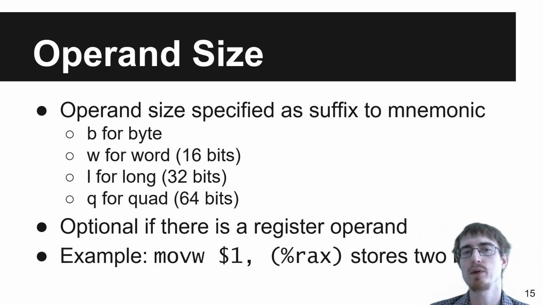So to give a simple example, MOVW means move with word size. $1 is an immediate value, so just a constant 1. And then we have a memory operand, which is a pointer to REX. So we're storing the 1 at the memory location REX. So in this case, because there's a W there, we store 2 bytes, which means the 1 byte, which is a low order byte, as well as a 0 byte following it.